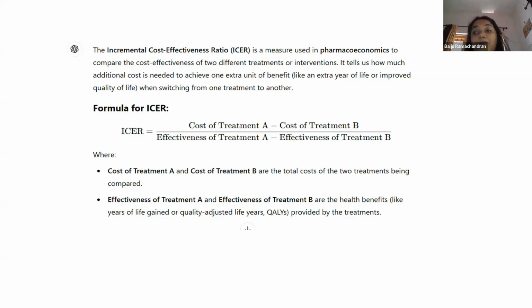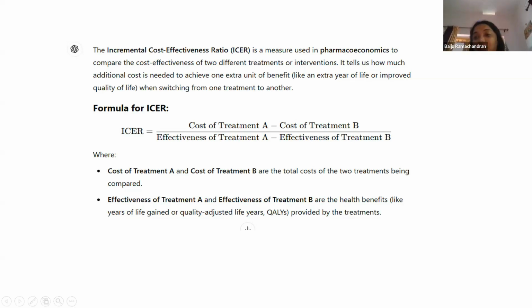So there will be an extra pay. But still, the incremental cost effectiveness ratio means the extra cost needed to achieve one extra unit of benefit. So questions related to ICER have also been asked.